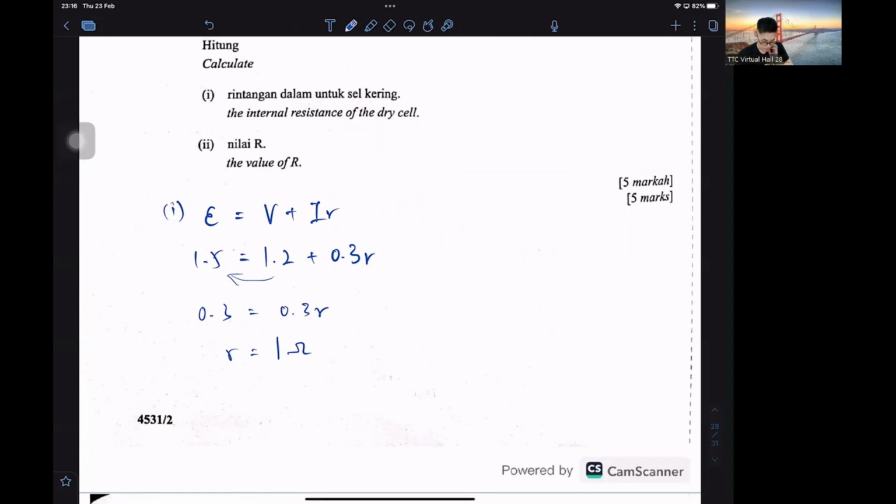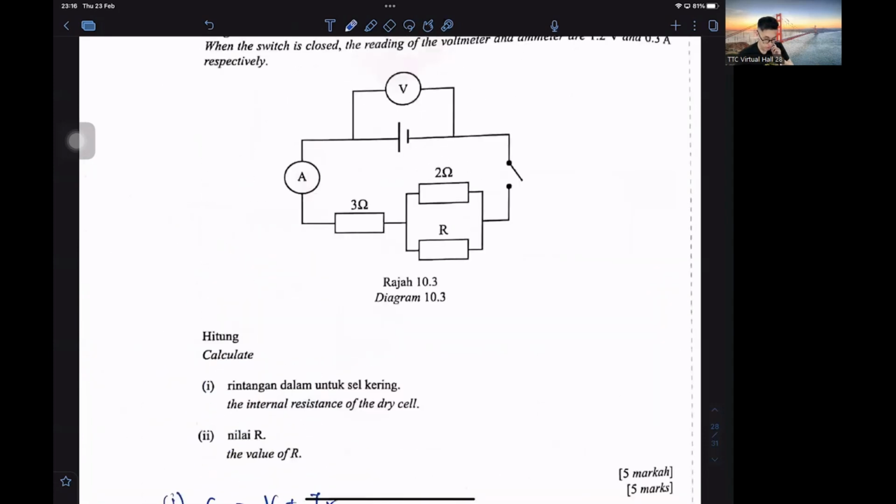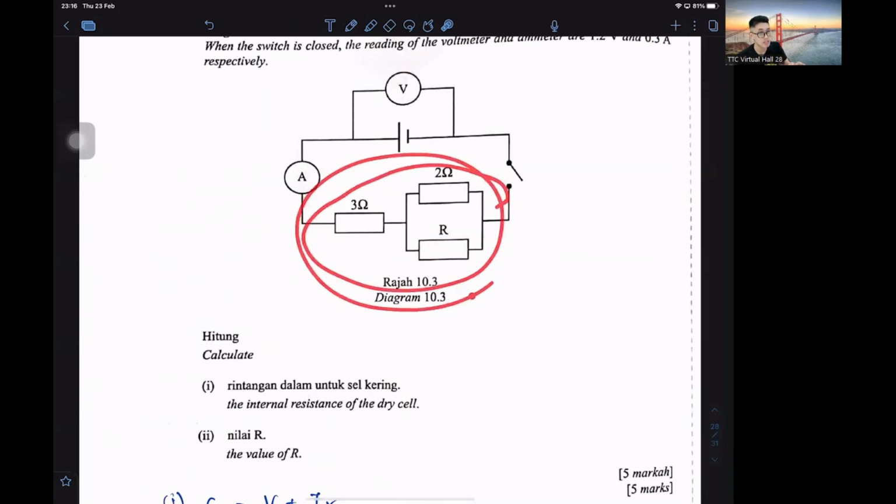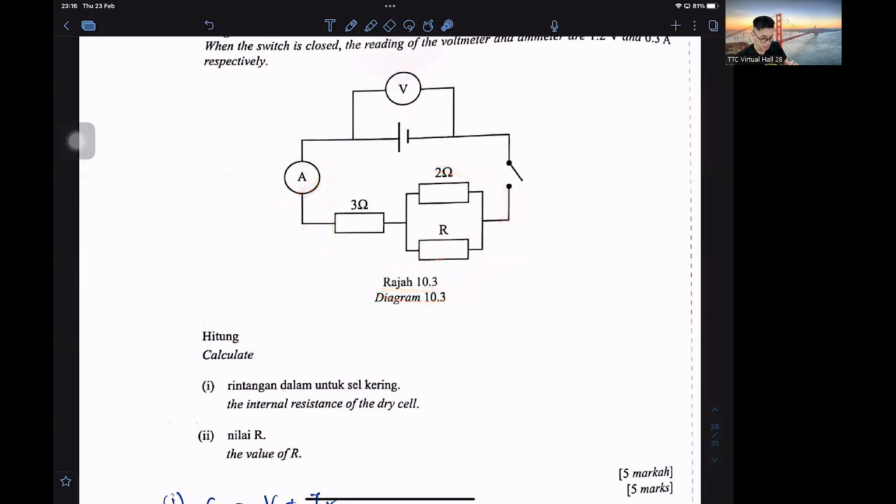All right. Now, find the value of this R. So the V is the potential difference across here, meaning how much money you can spend across this. Understand? The total V here is 1.2.